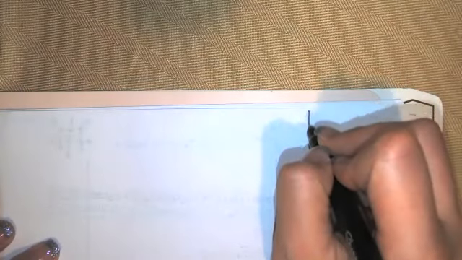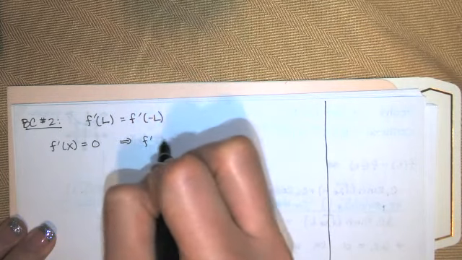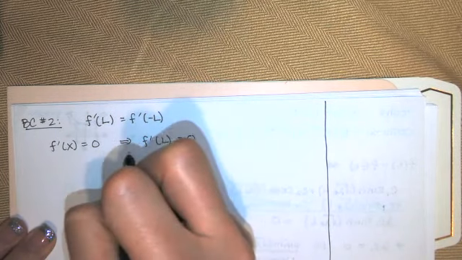So our second boundary condition says the following. f prime of L and f prime of negative L have to be equal to each other. Well, they're both equal to 0. Remember, if f prime of x equals 0, then it doesn't matter what we put in for x, we're going to get 0.